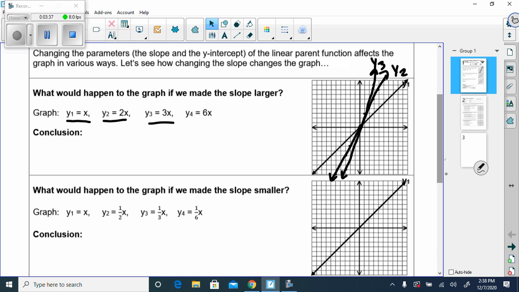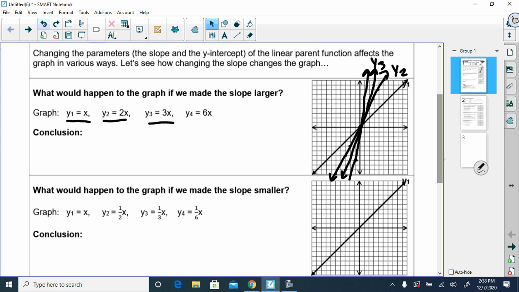And then we're going to graph that very last one, y4. Again, no plus b, but my slope is 6. So that means for every point, I'm going to be going up 6 over 1. Okay, so it wants us to draw a conclusion based on these new lines.